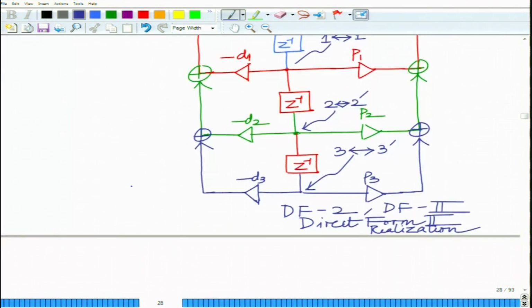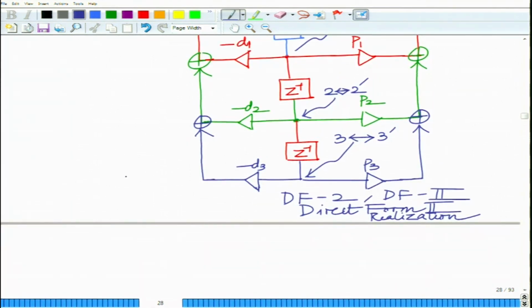So, what we have managed to do is reduce the delays by a factor of half. From 6 we have come down to 3 delays. Alright, that is the advantage of the direct form 2 realization.